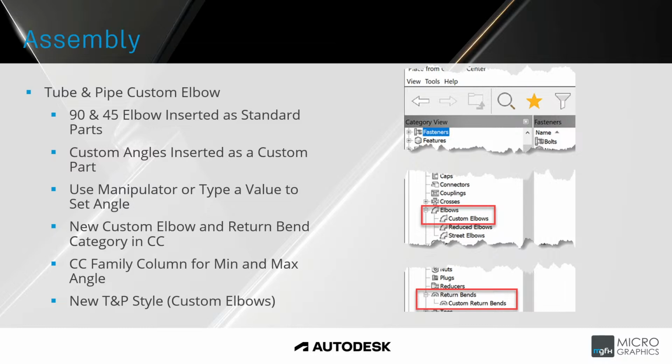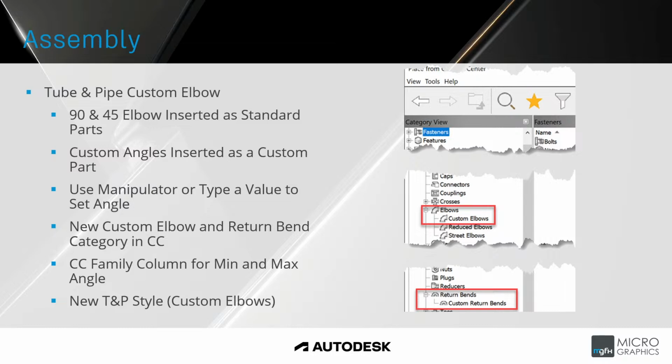These Content Center families now have a column that allows you to set the minimum and maximum angle for that custom elbow. We obviously need a range that the elbow can be adjusted between, and this allows for setting that minimum and maximum angle for that cutback or custom elbow.